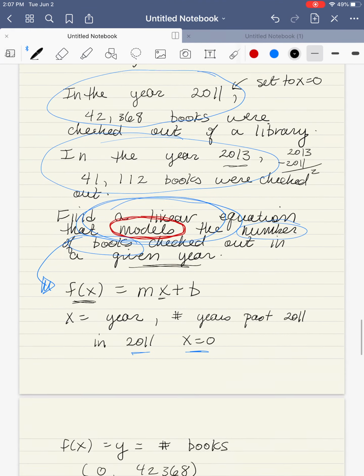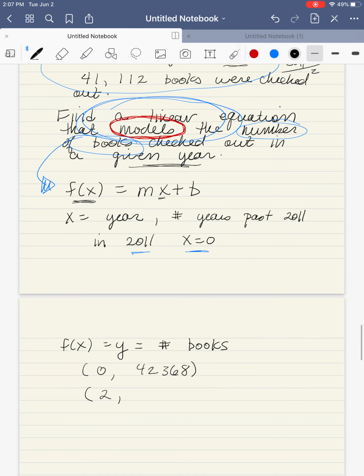So my second ordered pair is the year 2 and 41,112 books. So now we are actually at exactly the place we were in our previous example, where we have two ordered pairs and we can find the equation of the line.